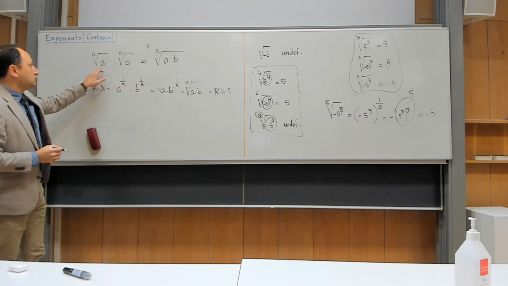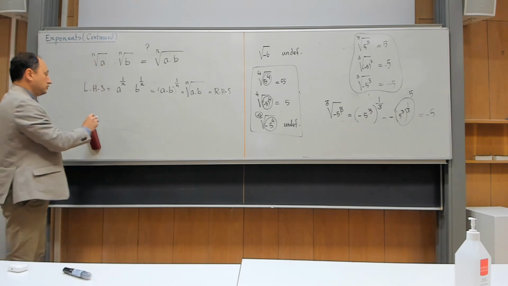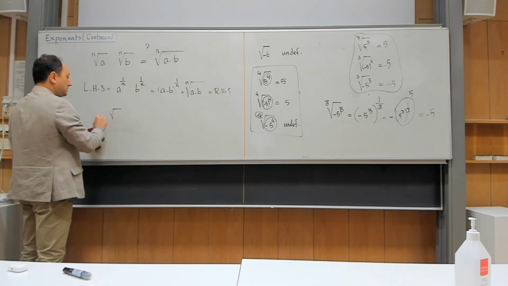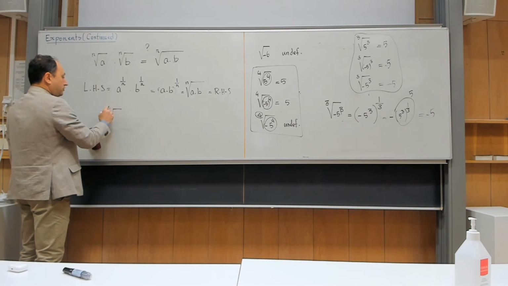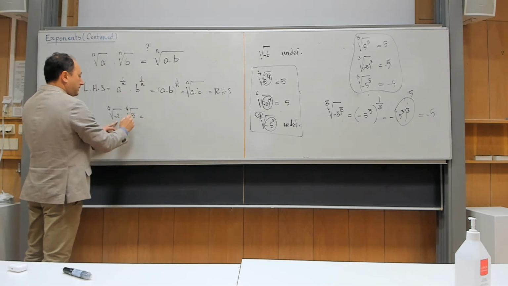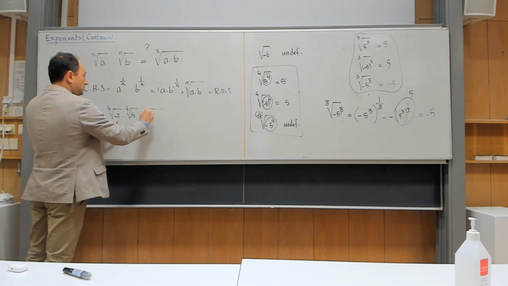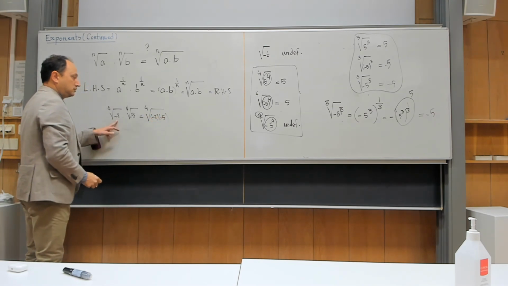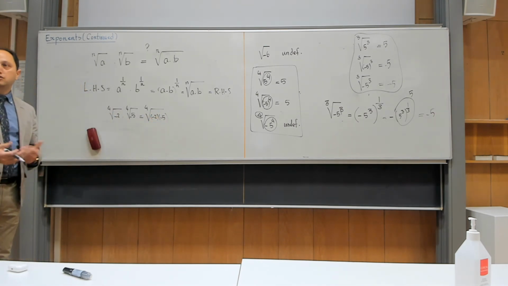Of course, there should be a limitation. You need to be careful. Do you think this makes sense? Fourth root of minus 2 multiplied by fourth root of 5. Can I use that rule? Let me write it in this way. Do you think this is correct? Yes or no?